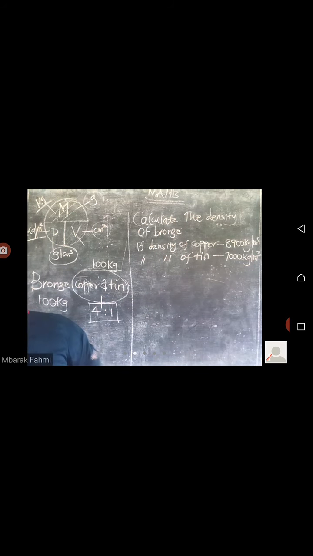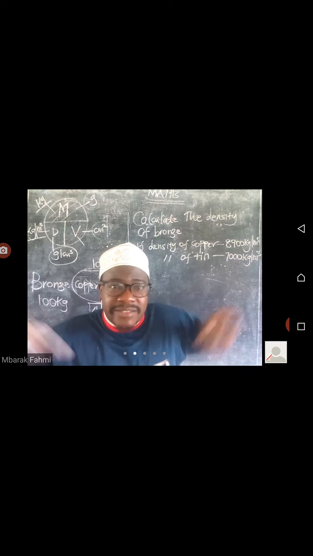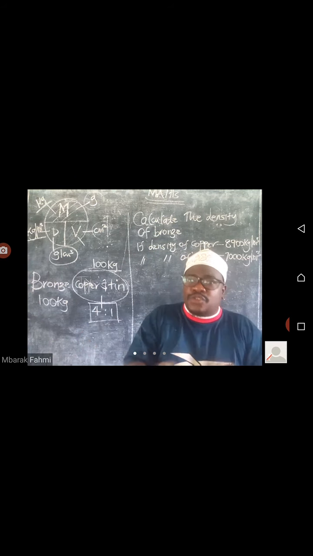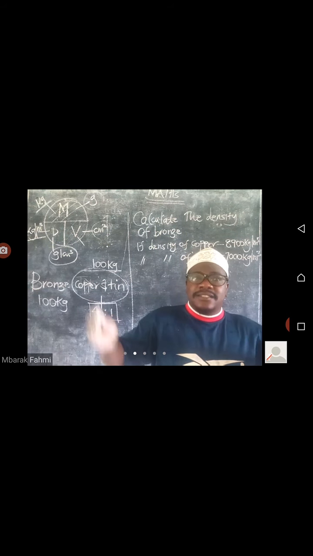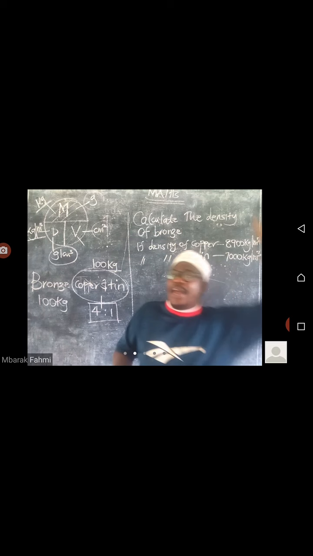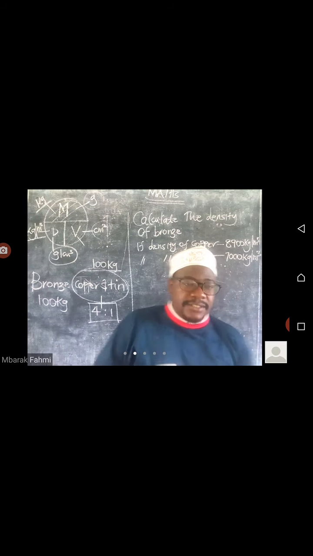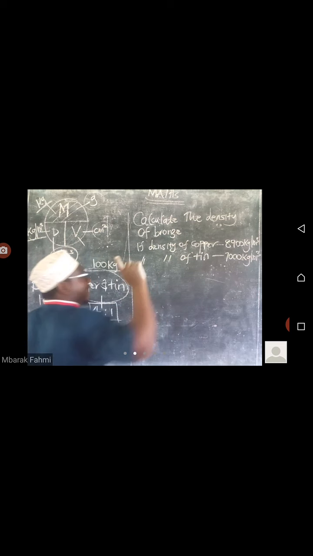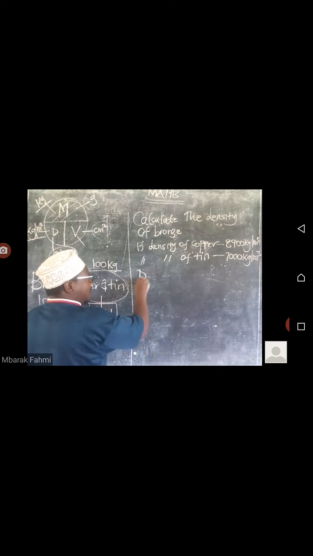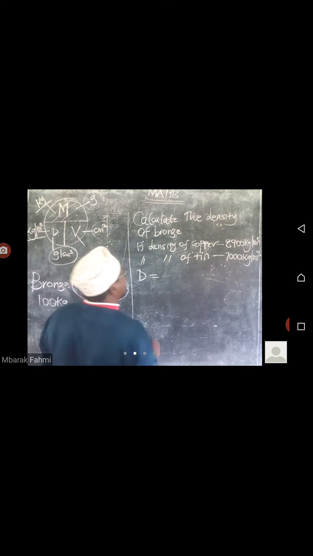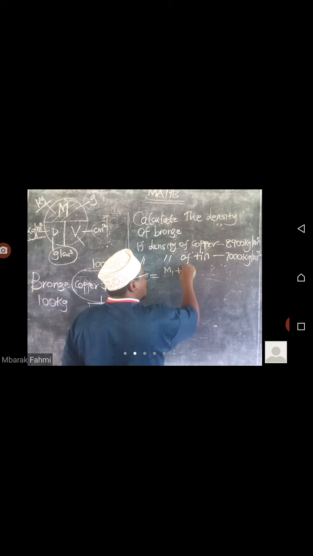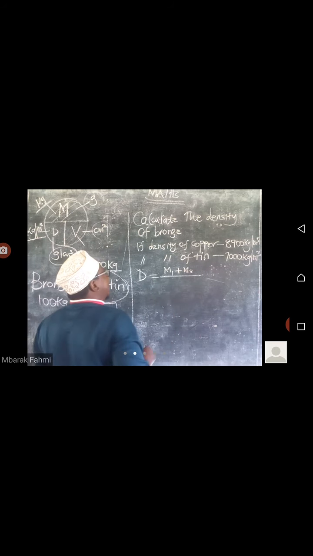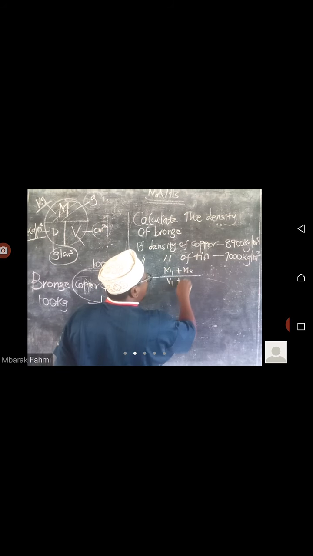Now you need to know that when we are mixing substances of different density and different masses, to get one density, you have to go by this formula, where density will be equal to mass 1 plus mass 2, divided by volume 1 plus volume 2.